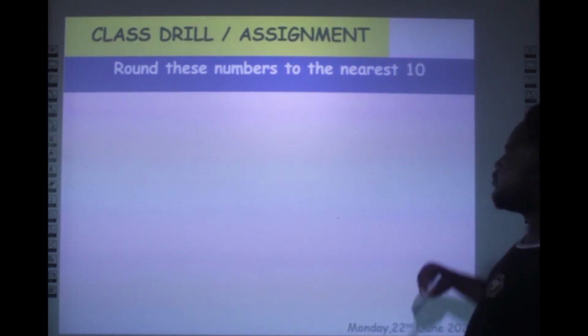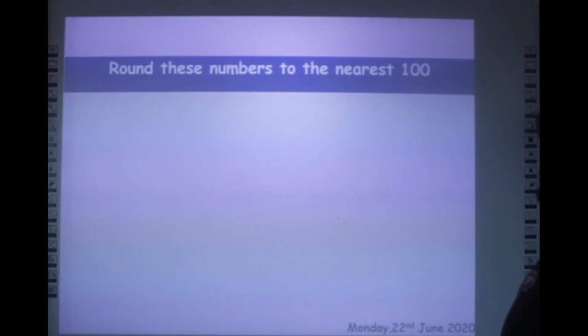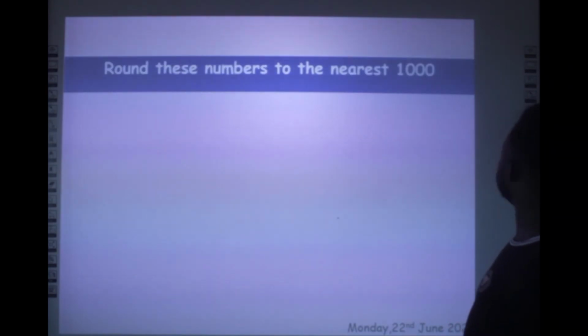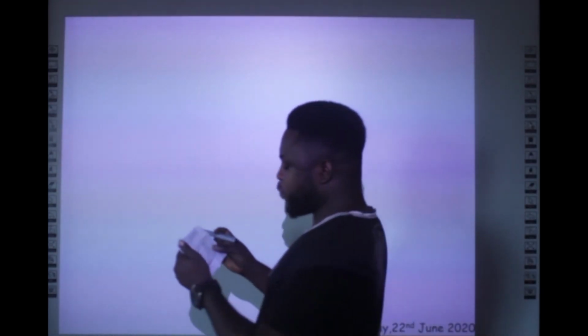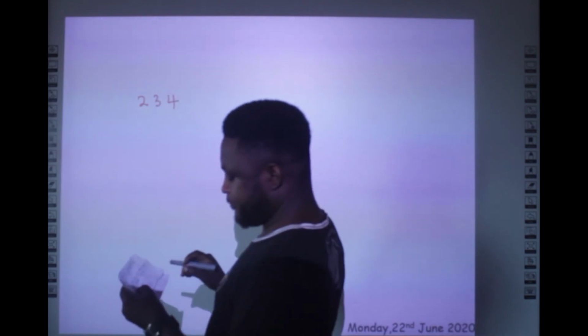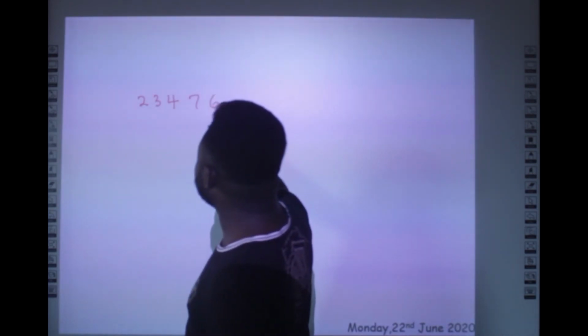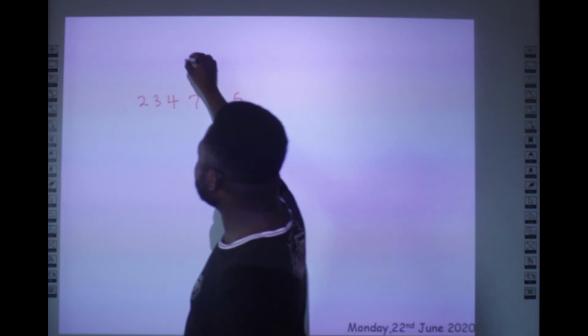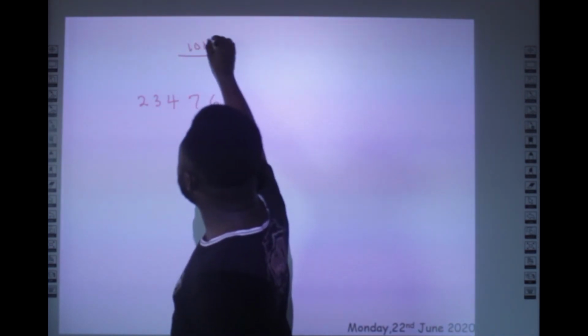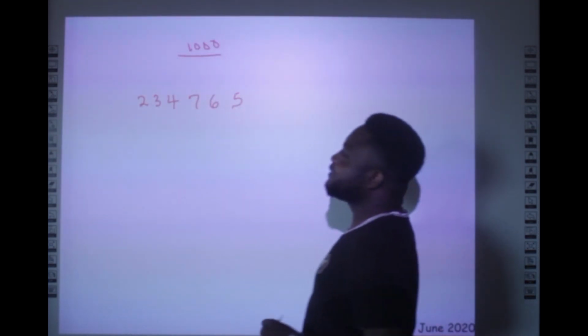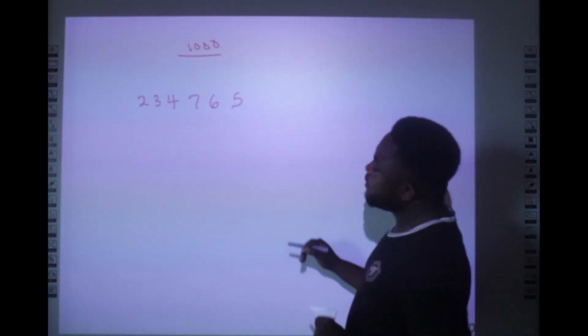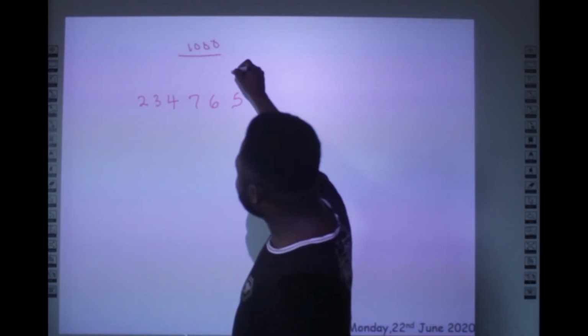So now let's look at some further examples. Let's assume we have 2, 3, 4, 7, 6, 5, and we're told to round it to the nearest 1,000. Now you write out the place value of this.